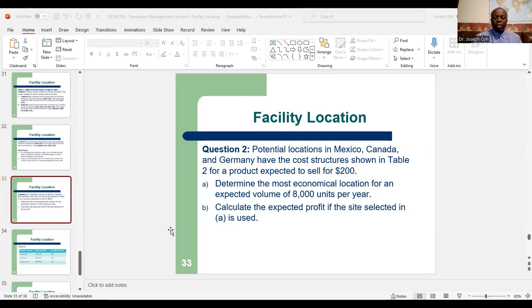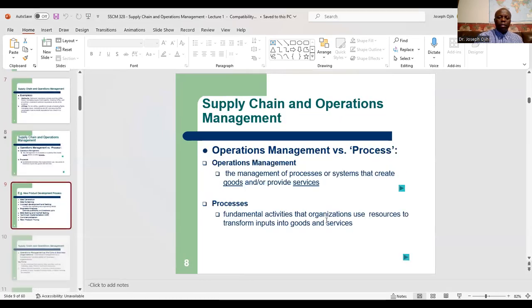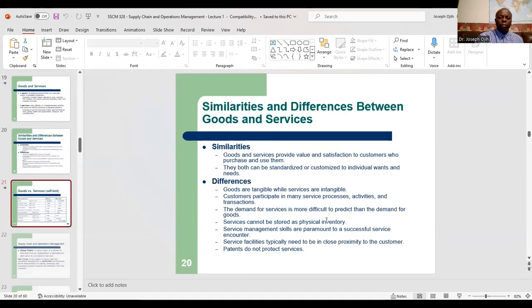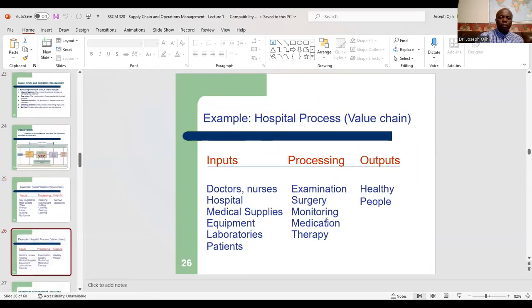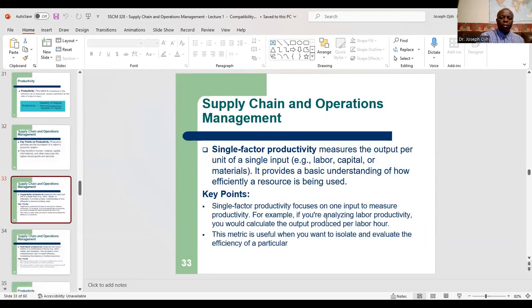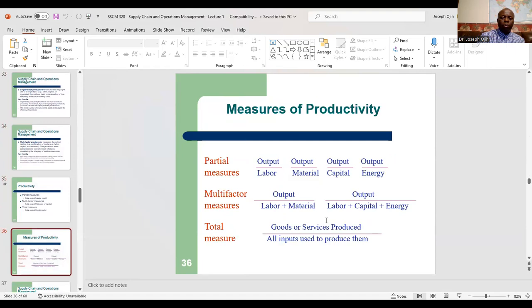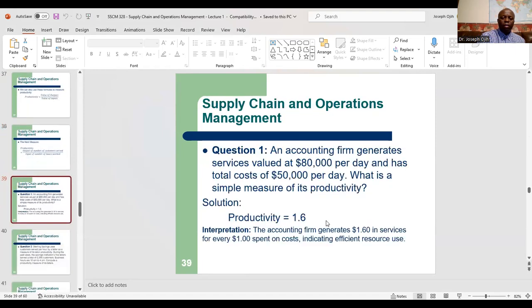It's right here. Now, that question will be in this form. You're going to have this type, productivity. One question will be like this type.